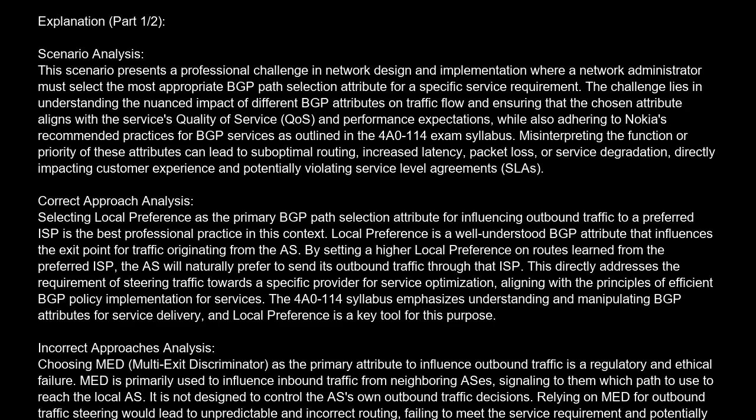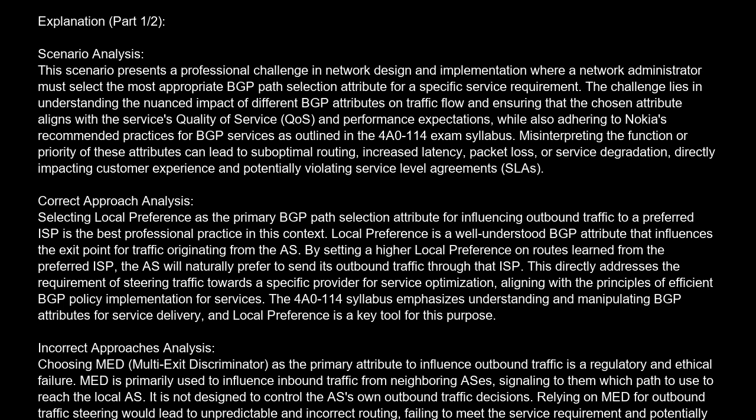Correct approach analysis. Selecting local preference as the primary BGP path selection attribute for influencing outbound traffic to a preferred ISP is the best professional practice in this context. Local preference is a well-understood BGP attribute that influences the exit point for traffic originating from the AS. By setting a higher local preference on routes learned from the preferred ISP, the AS will naturally prefer to send its outbound traffic through that ISP.